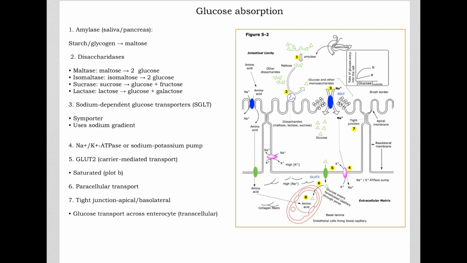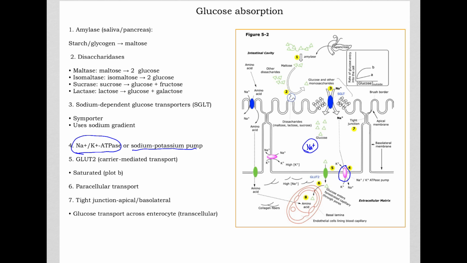Now there is a sodium gradient present across this plasma membrane. So it's a high sodium in the GI cavity and a low sodium concentration in the cytoplasm. So this SGLT uses this sodium gradient to help bring in the glucose from the GI cavity into the cytoplasm. What keeps the sodium concentration in the cytoplasm low is this protein here called the sodium-potassium ATPase, the sodium-potassium pump.